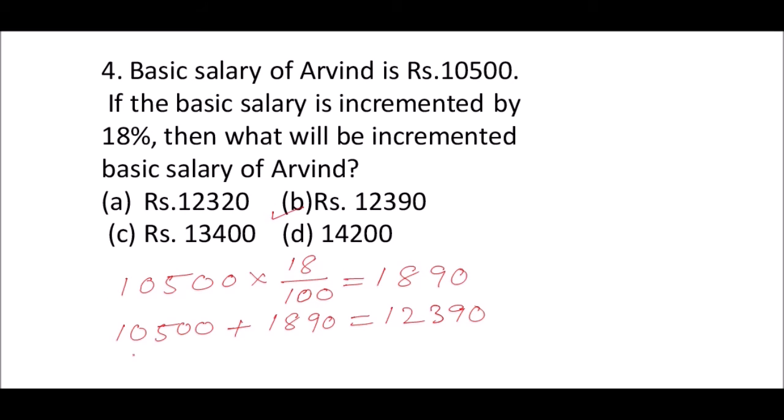If you consider the previous salary, that means 10,500, as 100%, after the increment the salary will be 118%. Therefore just find 118% of 10,500. This will give the same answer.